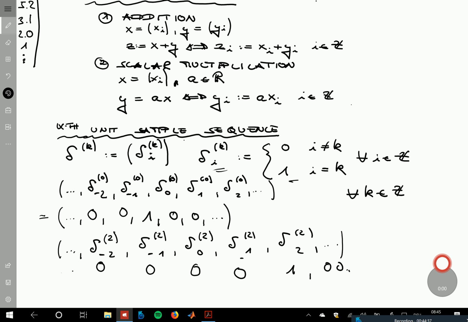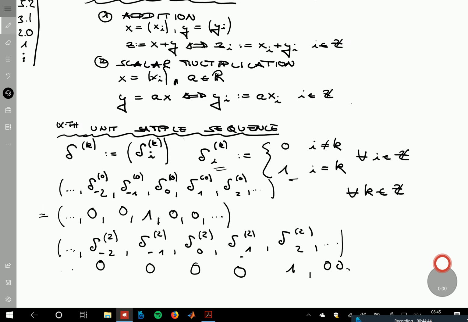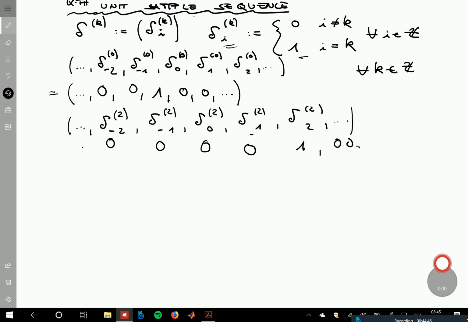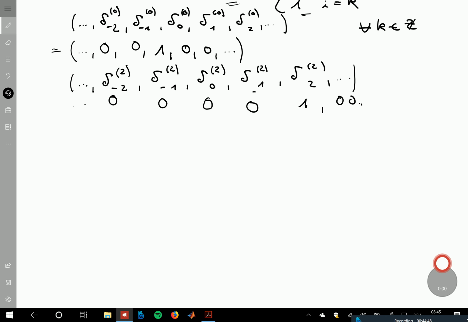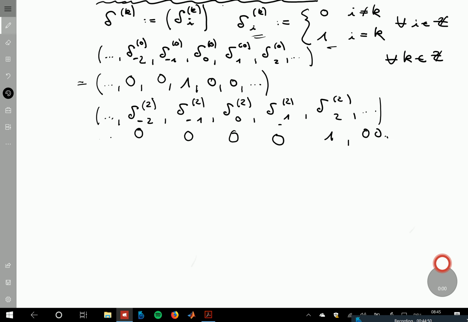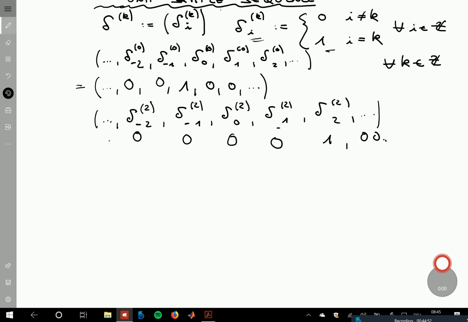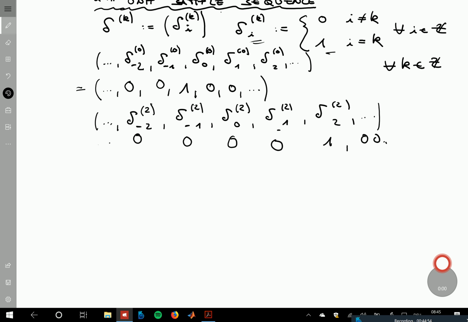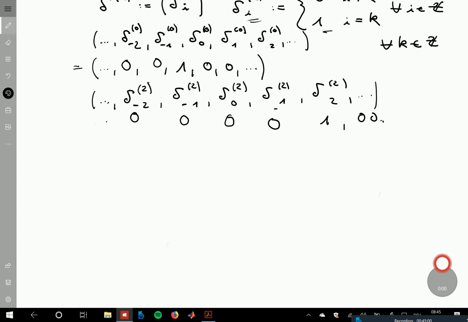And before the break, let's look at one more thing, because that's important also for the rest. With these unit sample sequences, one can express sequences as follows, and this will be important for the remainder.